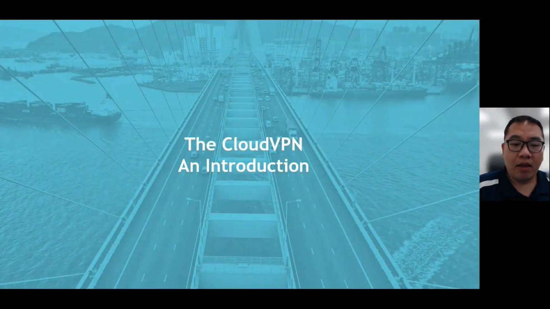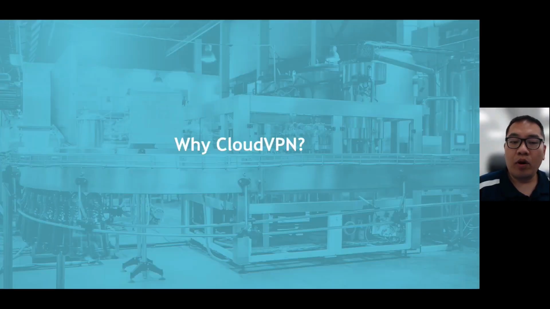So CloudVPN, an introduction. Why is CloudVPN relevant in this day and age? First off, let us look back in time a few years ago, and what the headaches usually associated with creating a remote access solution with a regular industrial router.